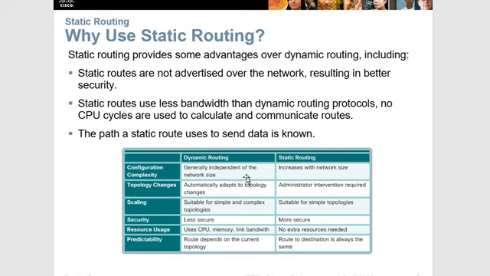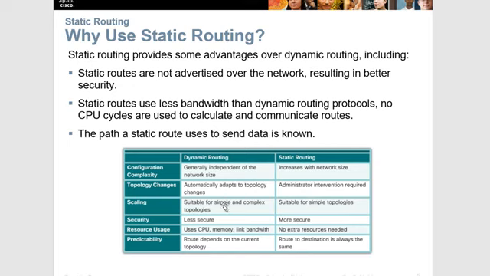Configuring complexity increases with network size. Okay, and then dynamic is usually independent. Topology changes. Dynamic will automatically adapt to a change in your network topology or your network setup. Your static, you're going to have to set it up yourself, because if your topology changes, that's all done manually, so you'll have to go ahead and make adjustments on your own.